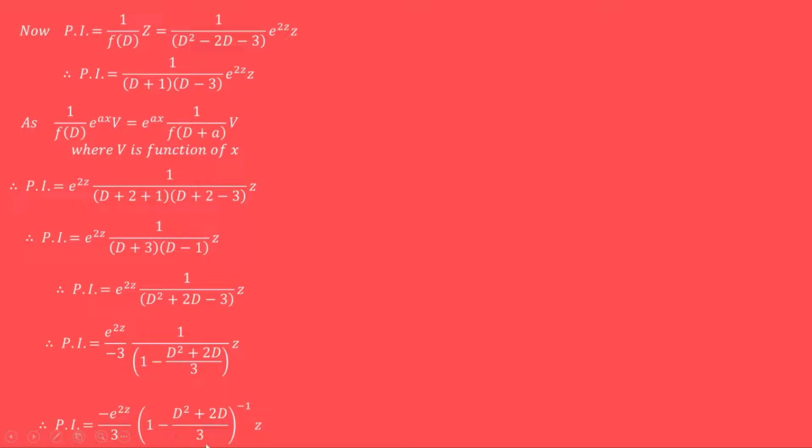Now see this bracket. This is of the type (1 minus x) bracket raised to minus 1. We have seen two results. Expansion of (1 minus x) bracket raised to minus 1 is given by this one, and expansion of (1 plus x) bracket raised to minus 1 is given by this one. Say this term as x, so this is of the type (1 minus x) bracket raised to minus 1. So we have to use here the first result.